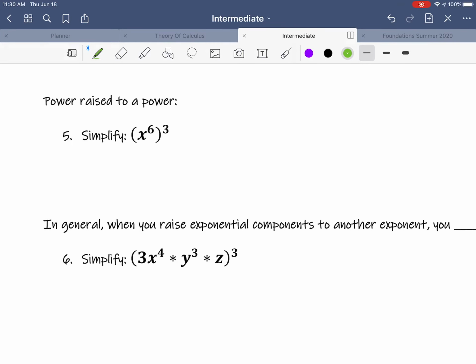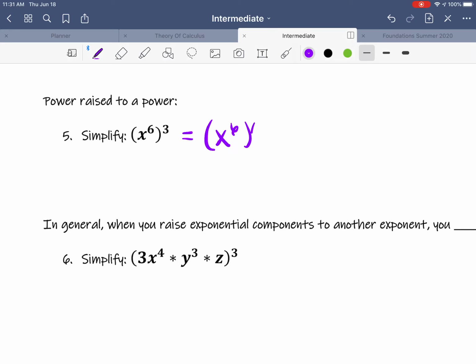Next page. Power raised to a power. When I say that, it means I have an exponent and it's raised to another exponent. And when I see that, I usually call it power to a power. Let's expand it out. We have x to the 3rd is the base. Nope, I'm sorry. X to the 6th is the base of this exponent.